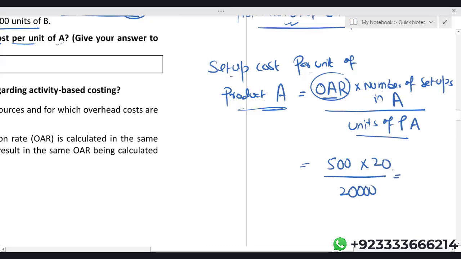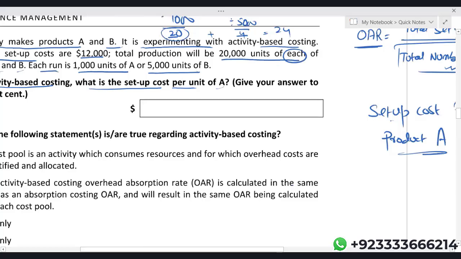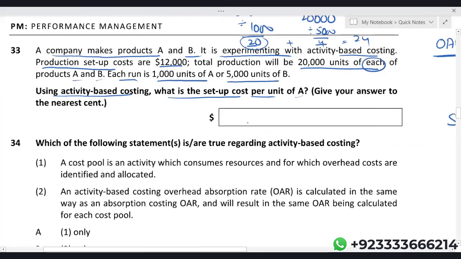So 500 multiplied by 20 gives us $10,000, divided by 20,000. It means the answer is $0.5 per unit.